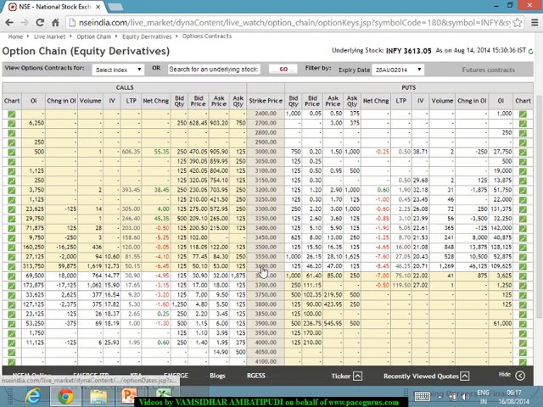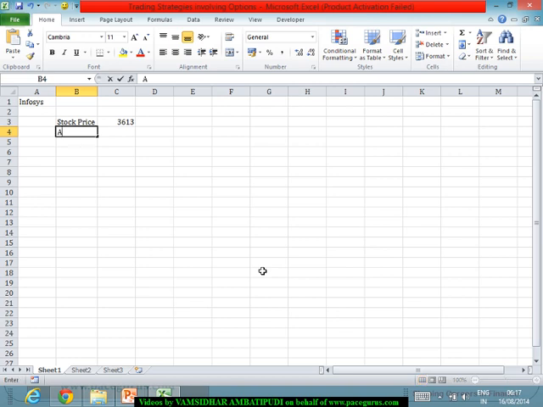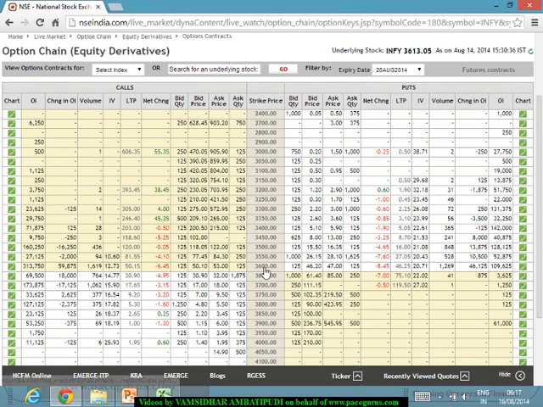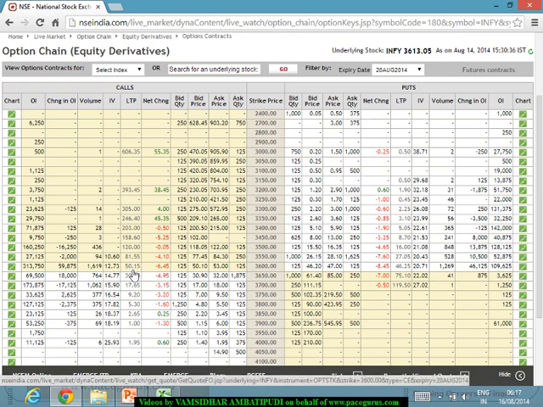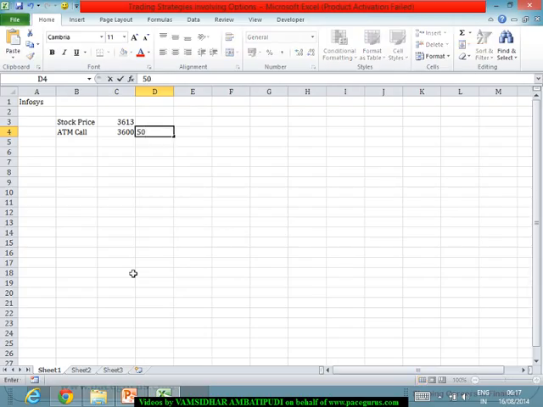Now what I would like to take is 3600 as the at-the-money call option, so I'll take the ATM call. The strike price is 3600, and the call premium for this 3600 is 50.15. For simplicity, let me assume that it is 50.